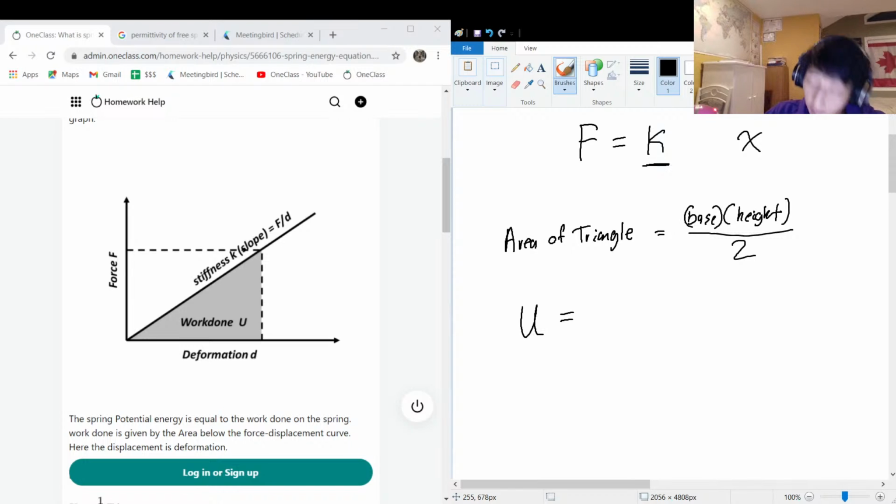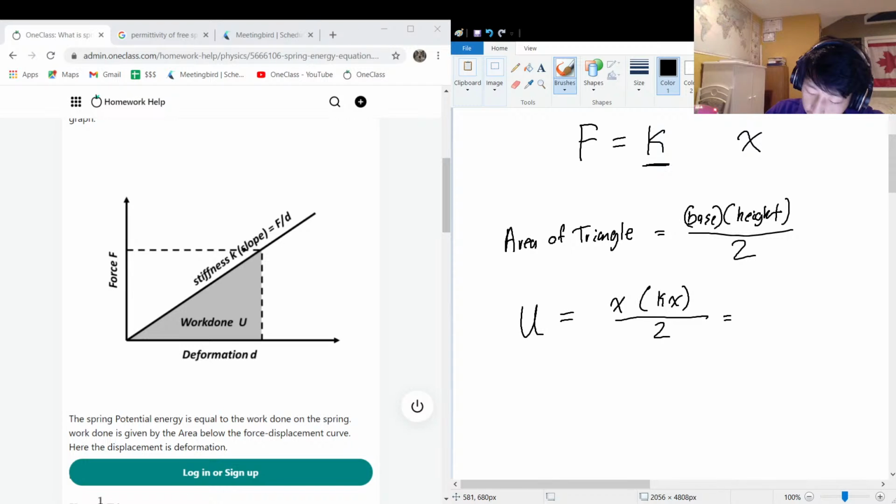But yes, our base in this case is the deformation, so let's call it D. Another way we can write D is x. And then our height is our force, but we know the force is just kx. Then divide by 2.